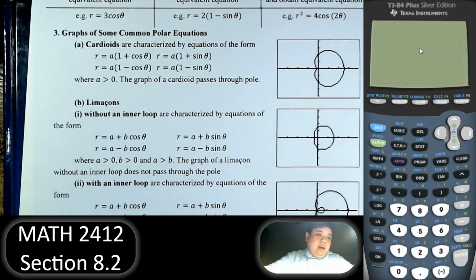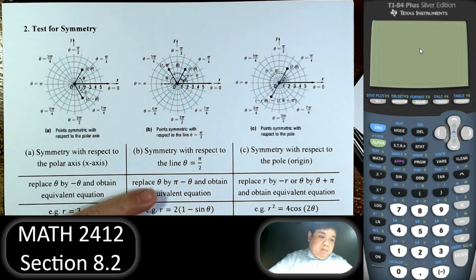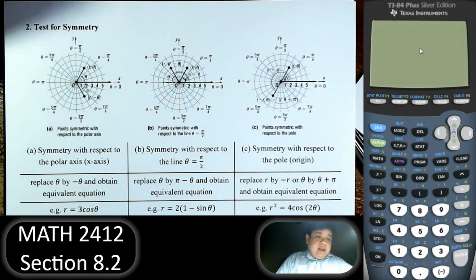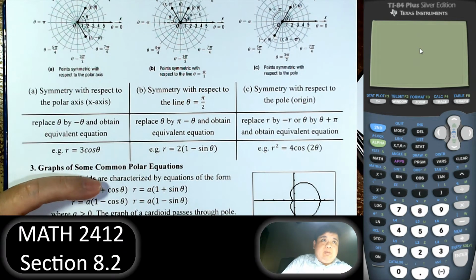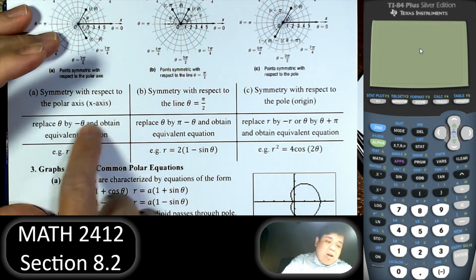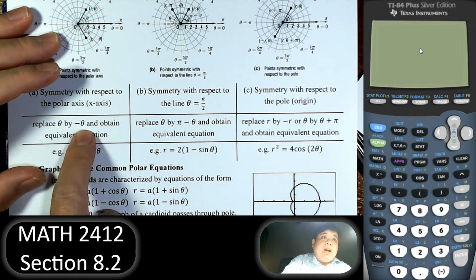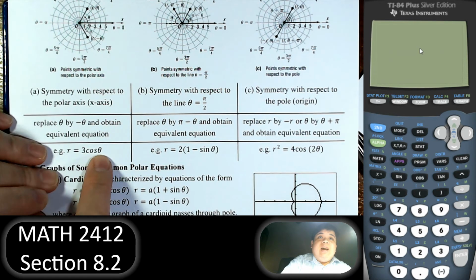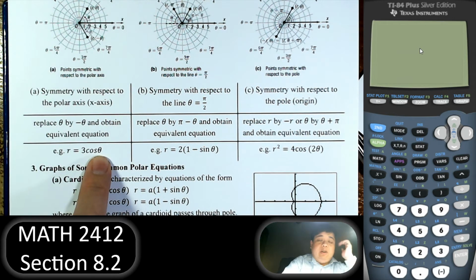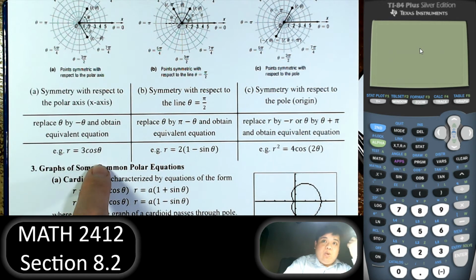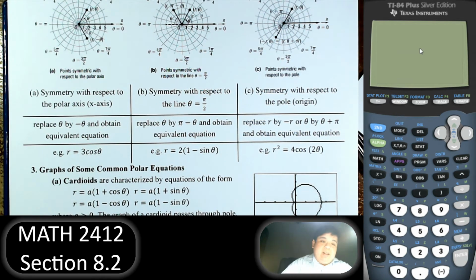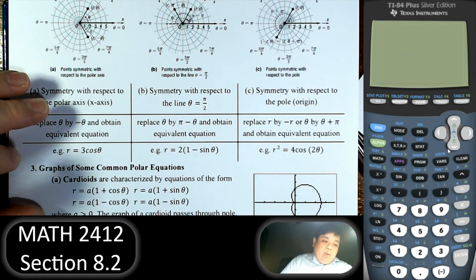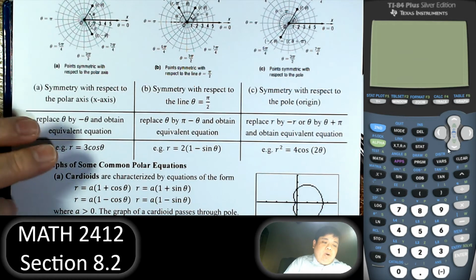Right, next, for the equation in polar form, we have symmetry. If we replace theta by negative theta, we obtain the same equation. For example, cosine of negative theta, because cosine is an even function, is cosine of a positive theta. So in that case, the graph will have symmetry with respect to the polar axis.